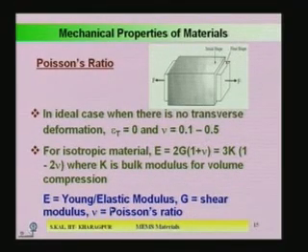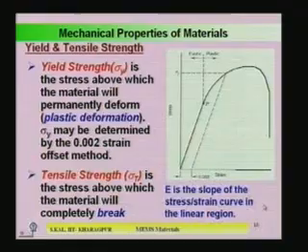So, these are the different parameters which we should know before designing a certain mechanical structure or mechanical microsensor. Now, another two parameters we should know are yield and tensile strength. The stress-strain curve is shown here, stress versus strain.